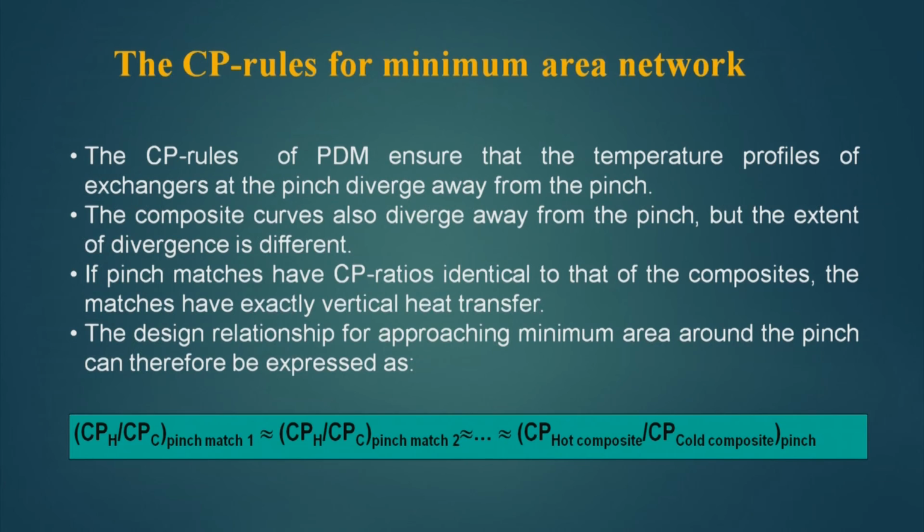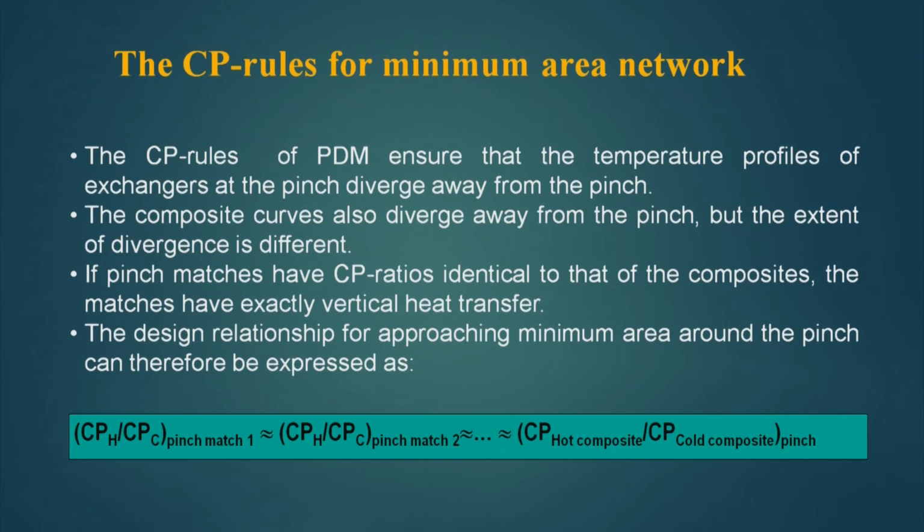The CP rules of PDM ensure that the temperature profiles of exchangers at the pinch diverge away from the pinch. The CP rules are made for this. The composite curves also diverge from the pinch, but the extent of divergence is different.